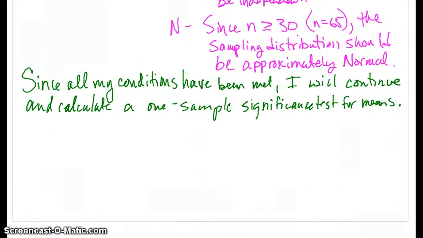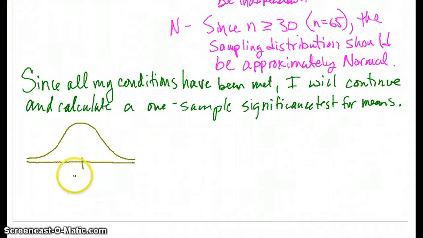And this is where we've got to remember to have our beautiful and lovely picture and probability statement. Now I'm going to make my picture first, because I'm hoping that it will help illustrate what I'm supposed to do. Of course, I'm going to do this in terms of the actual sample values. So we're saying 600 is the mean of the sampling distribution, because we're going to remember that mu of x bar is equal to mu.